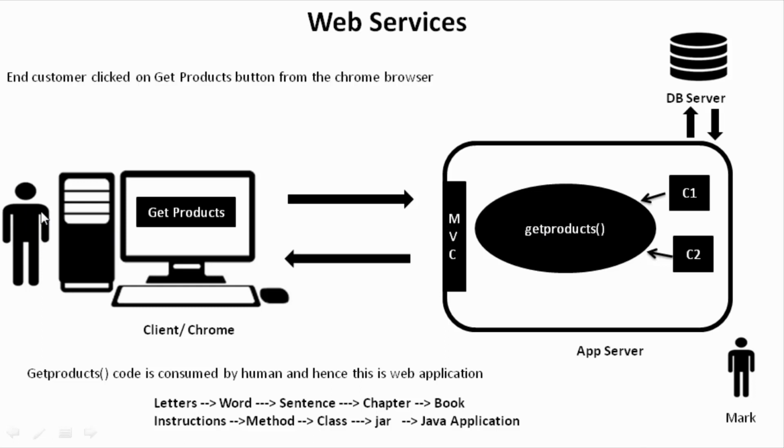My end customer, who is a human, is using this button to consume this particular method, which is get products. So we can call this a web application. Wonderful. We are not discussing web services yet. I've just established how things happen in a web application.